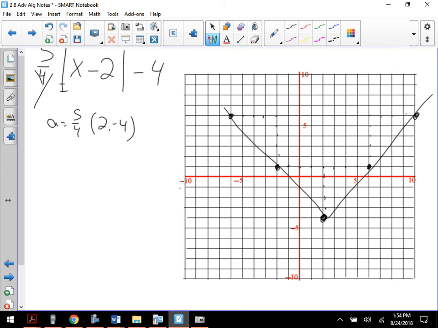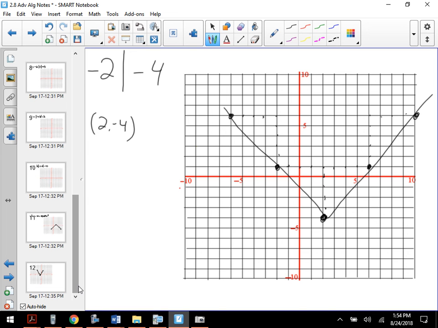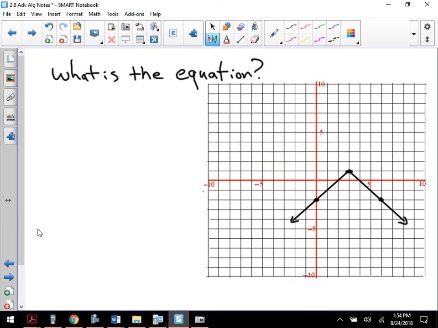But if I give you a graph, let me see if I can highlight stuff a little bit better. If I give you a graph, can you give me an equation? All right, go for it.